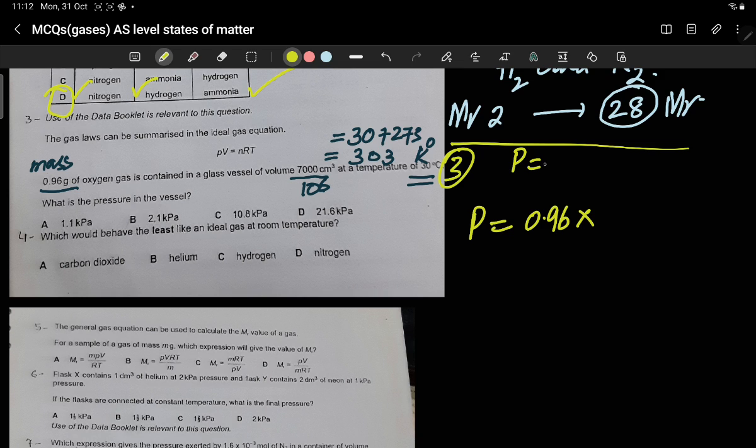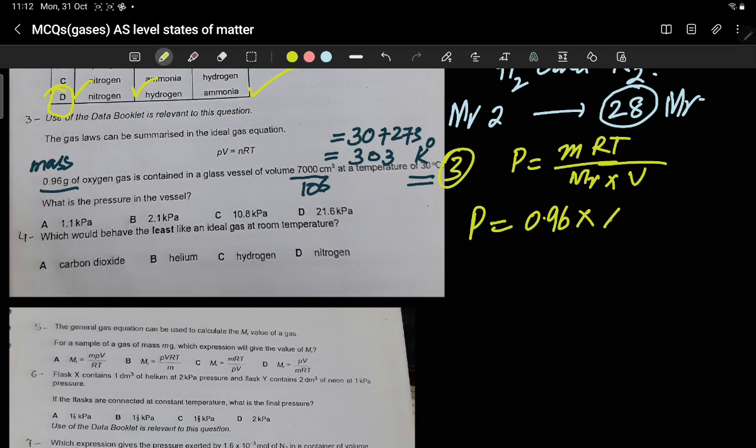P is equal to nRT, so m over Mr into volume RT.